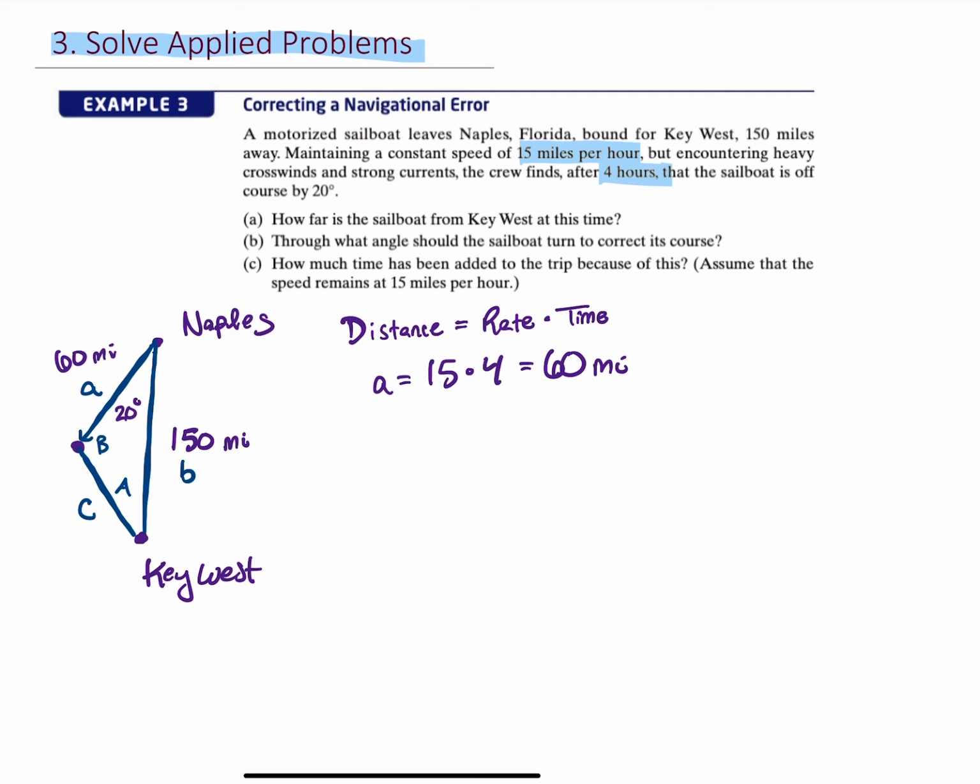So let's use this information to find this side length C using the law of cosines.